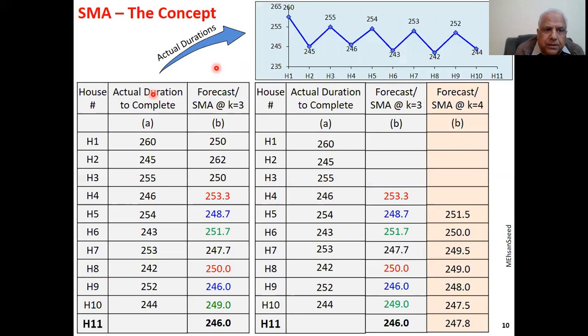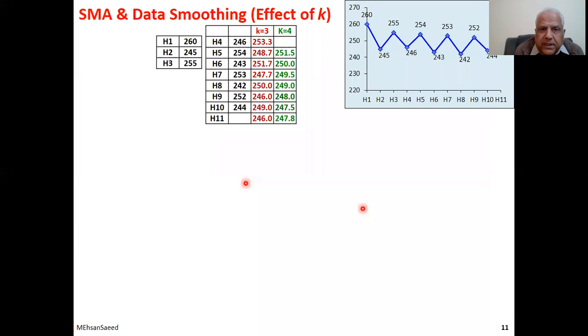First values 260, 245, 255. I'm going to transfer this graph as well as this data onto the next slide. It is the same graph and the same data.